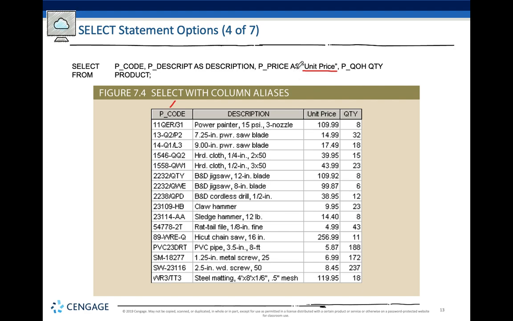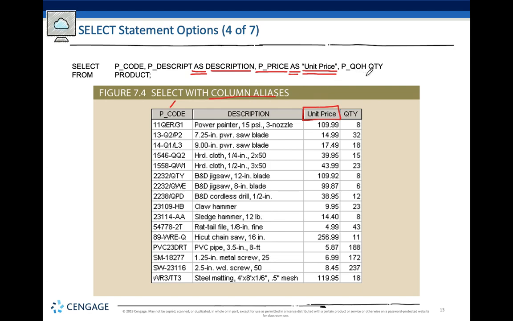The first way, and the most readable way, is to say P underscore price as, and then the column name in quotes. That will label that column as whatever you have in the quotes. A second way of specifying column names, also known as column aliases, is simply using as and then giving the name, so as description.